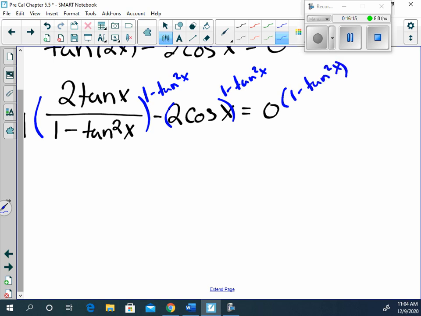I'm going to multiply everything by 1 minus tangent squared of x. Now this is different than dividing it out because it's not eliminating something, it's just moving everything so it's on the same level.